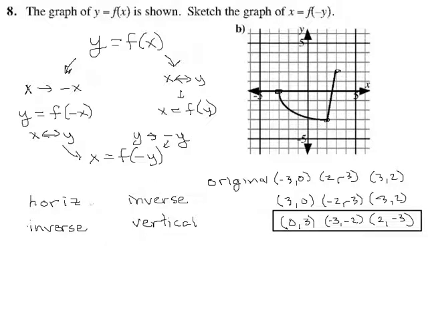If I do inverse vertical, what do I get? This is the original. I'm still starting from here. If I do the inverse first, that means starting here I swap the position of x and y. 0, -3. Swap the position here, I get -3, 2. And swap here, I get 2, 3.